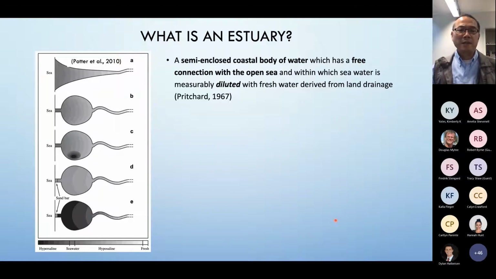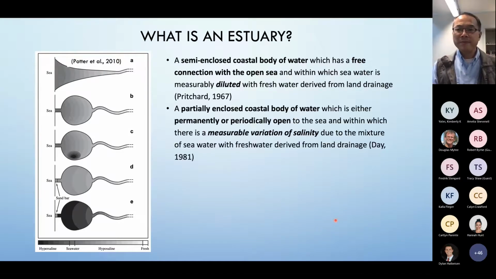Early on, an estuary was defined as a semi-closed coastal bay of water which has a free connection with the open sea, and the water there is seawater diluted by freshwater. That's from 1967.